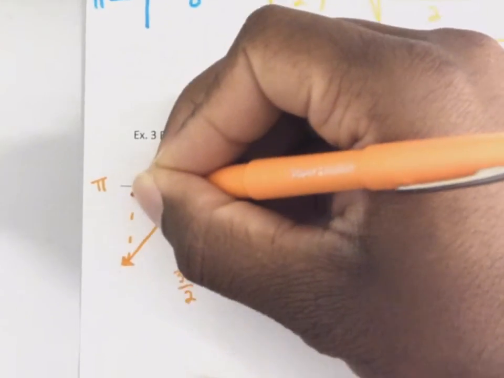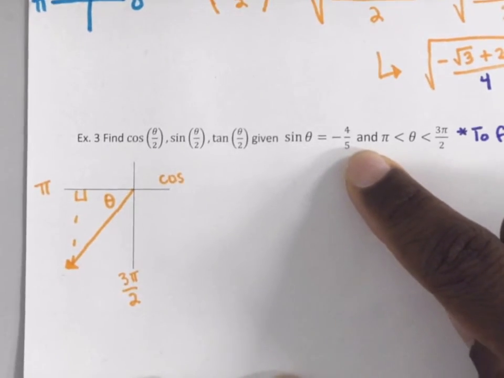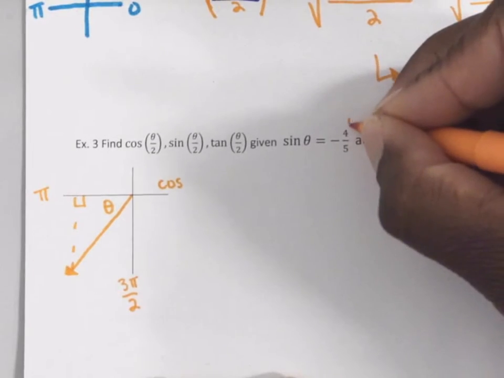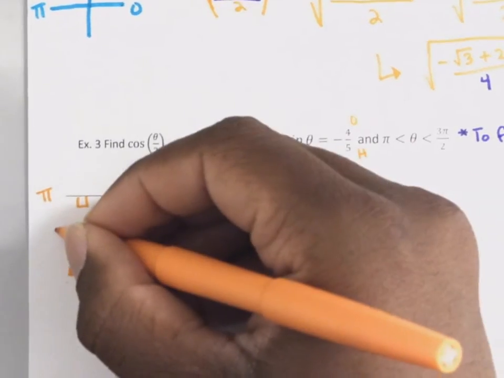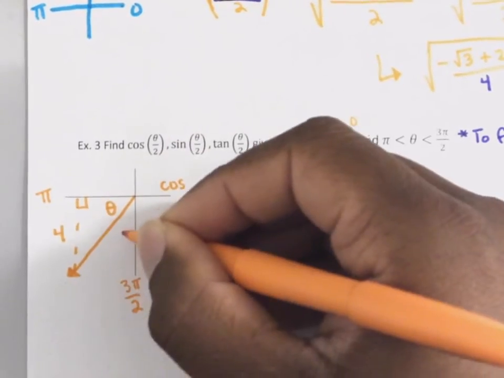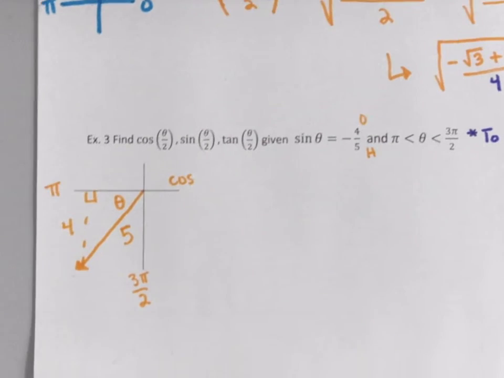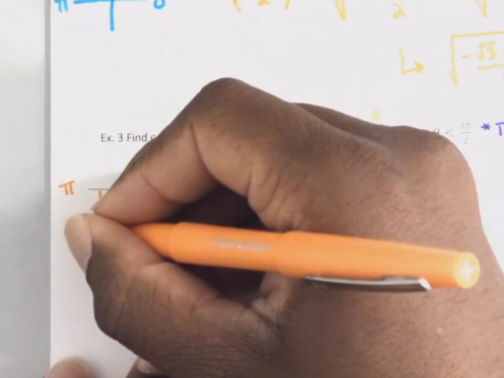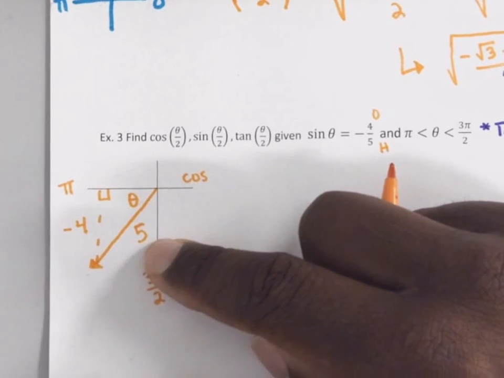If we make our triangle by going to the x-axis, sine's ratio is what two sides? O and H. So I label my triangle accordingly. The opposite side is 4. The hypotenuse is 5. Should either of those numbers be negative? The radius is always positive. The hypotenuse is always positive.